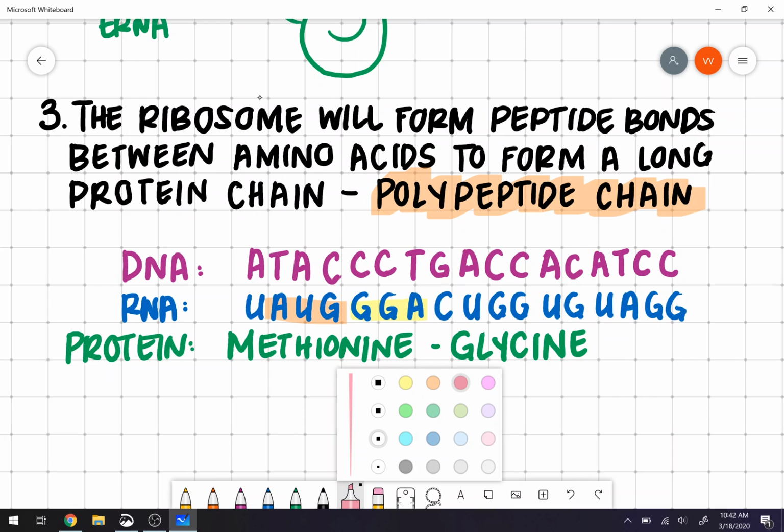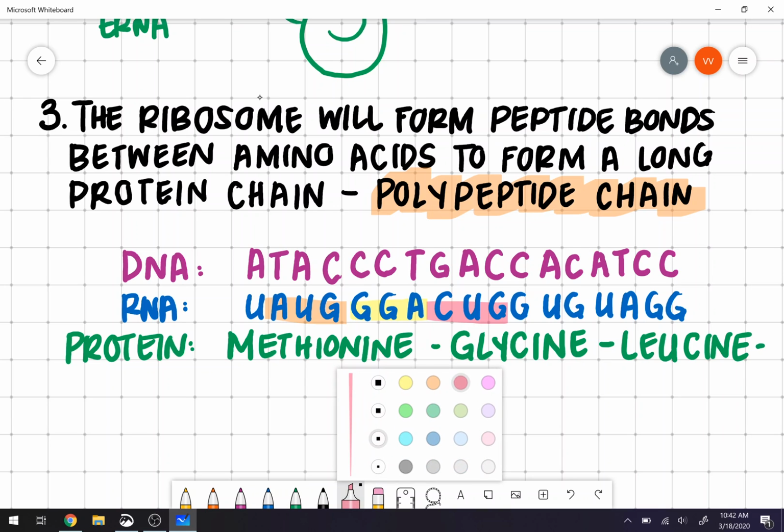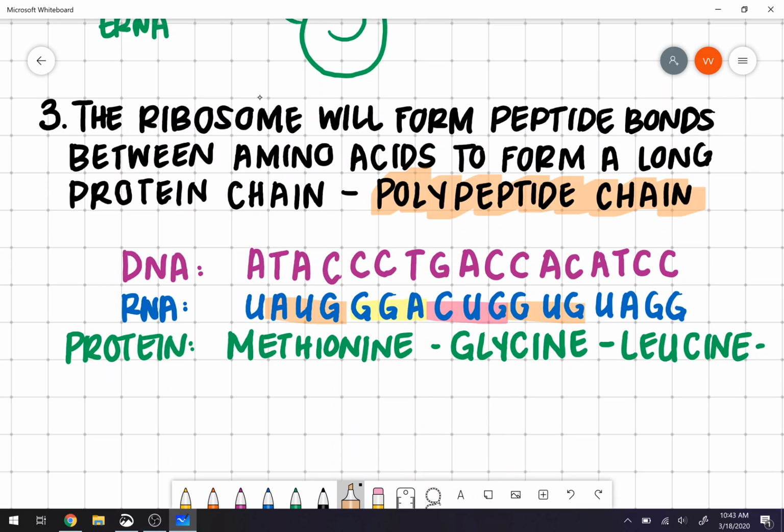And then CUG is the third codon, and CUG is going to be leucine. Right? And then GUG is the next one. GUG is going to give us valine.